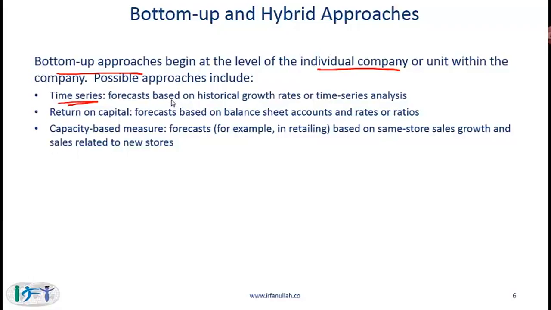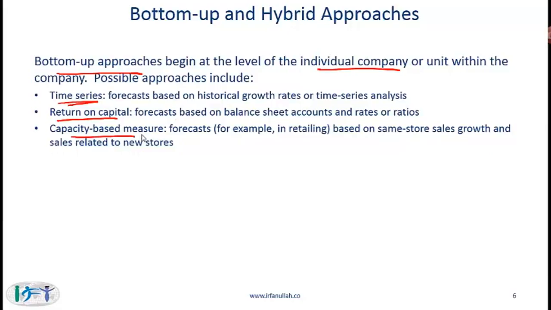You could do that at a company level, or you could do that at a business segment level for a given company. You could also use return on capital. Now here what you can do is forecast balance sheet numbers and then use ratios or rates to say, okay, with so and so capital or with so and so balance sheet numbers, given the forecasted ratios, here is what we expect sales to be.